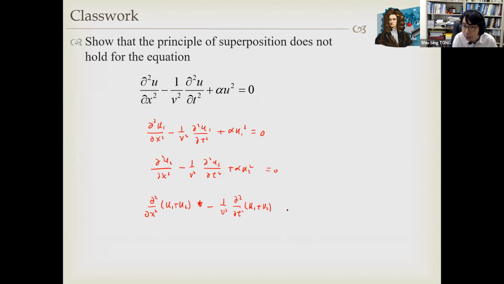But for the nonlinear term, it's not okay, because you will then have u1 squared plus u2 squared, but u1 squared plus u2 squared is not equal to (u1 plus u2) squared. They differ by the term 2 u1 u2. So obviously, if you cannot convert this term into this term, then u1 plus u2 is not a solution to the wave equation now.